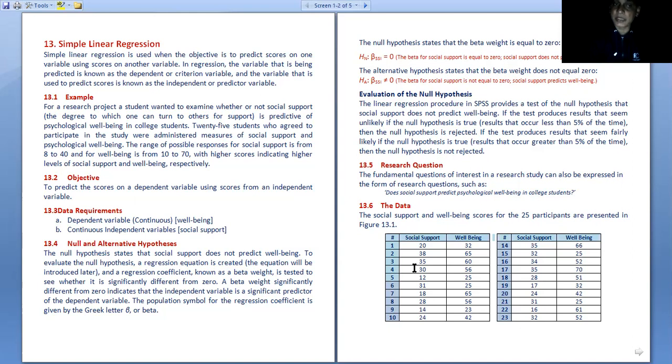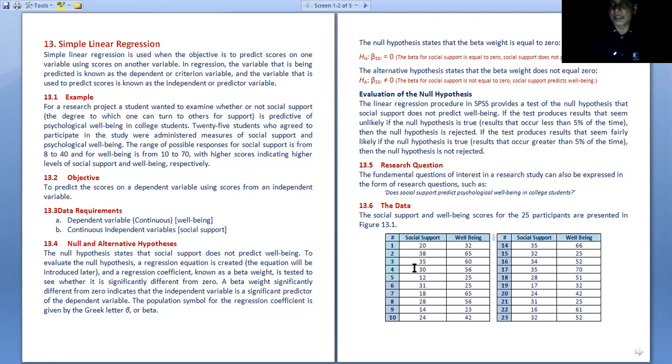The data requirements are that the dependent variable is continuous, and in our example it is well-being, whereas the independent variable is also continuous, and in our example it is social support.